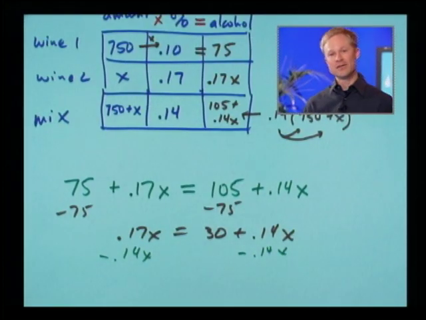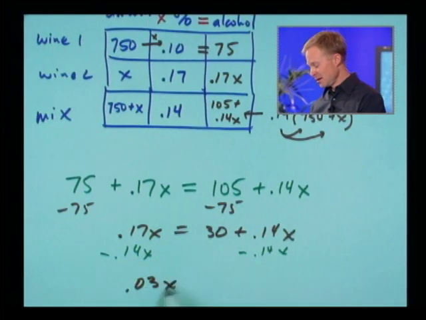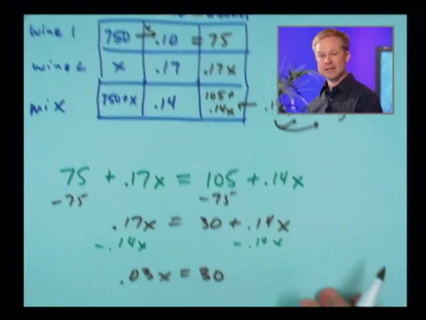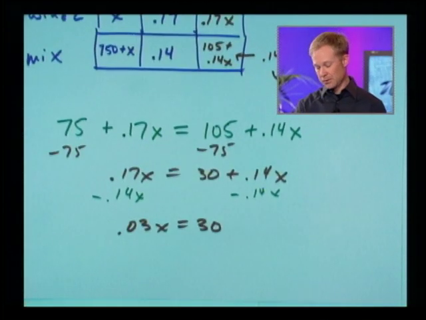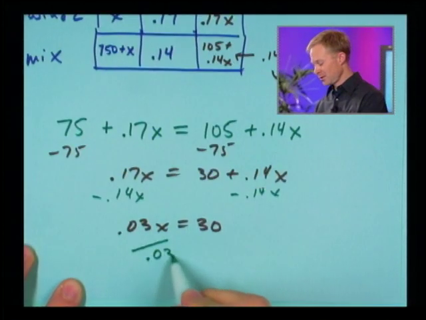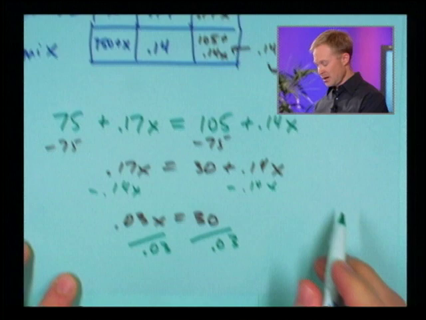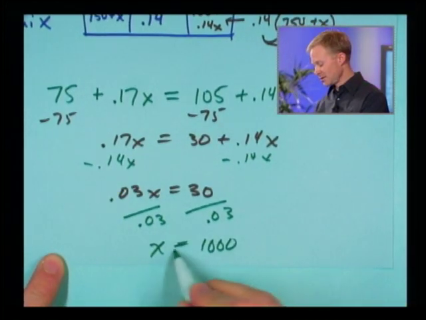Okay, now on the left, that gives me, let's see, 0.03X. And on the right, I get 30. Last but not least, I want you to get rid of the 0.03. So we're going to divide both sides by 0.03. And 30 divided by 0.03 is exactly 1,000.